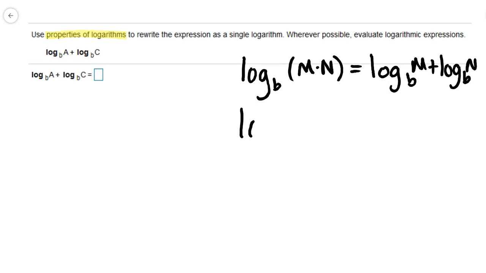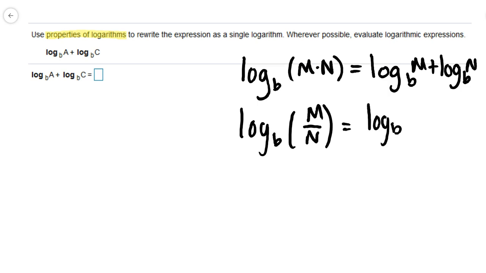Then we have the quotient rule. The quotient rule says when we have division inside the log, then we can write those as subtraction of those individual factors, the numerator and the denominator.